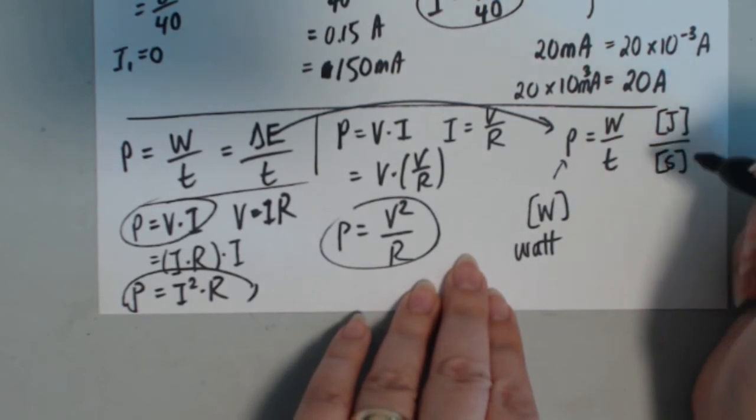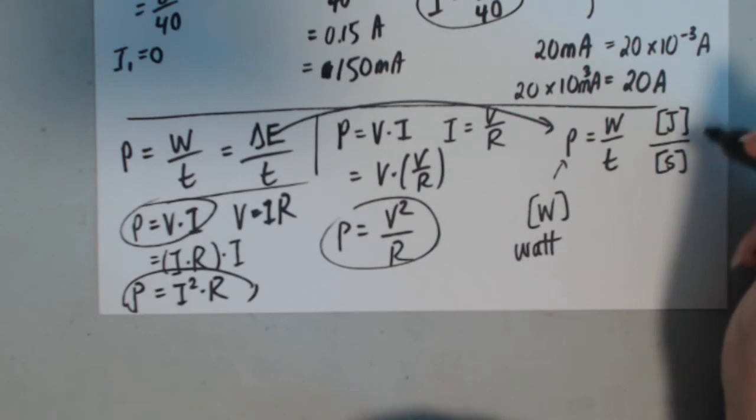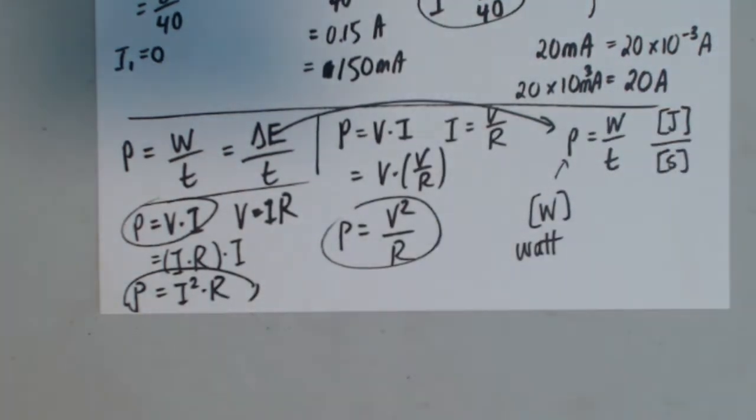So joule per second is a watt. How much energy per unit time? That's the power. That's how many watts. If you've ever changed a light bulb in your house, on the box of light bulbs, it'll say how many watts each bulb is. It might be 40 watts, it might be 60 watts, it might be something different.